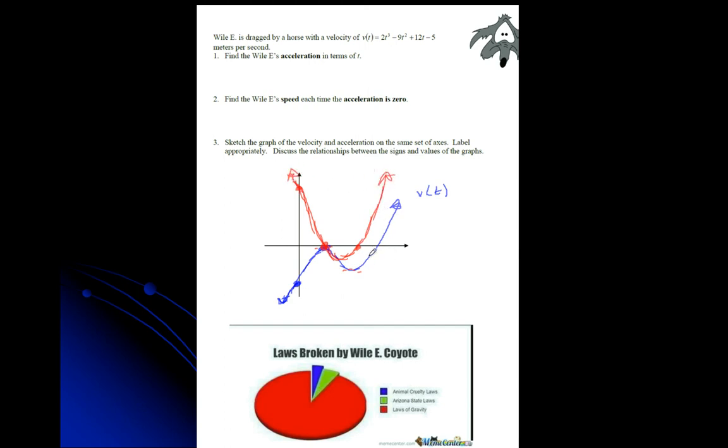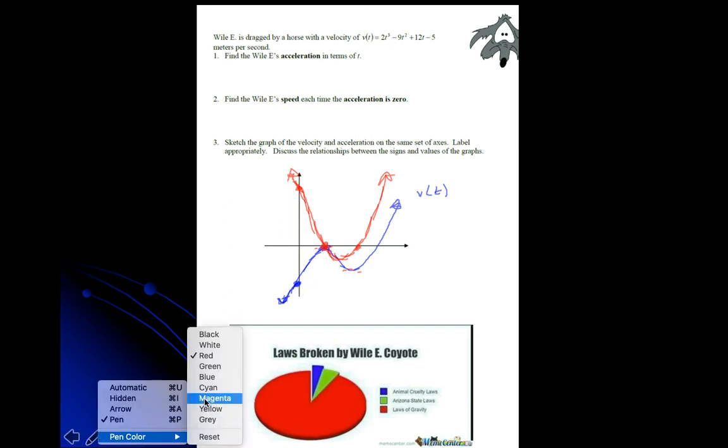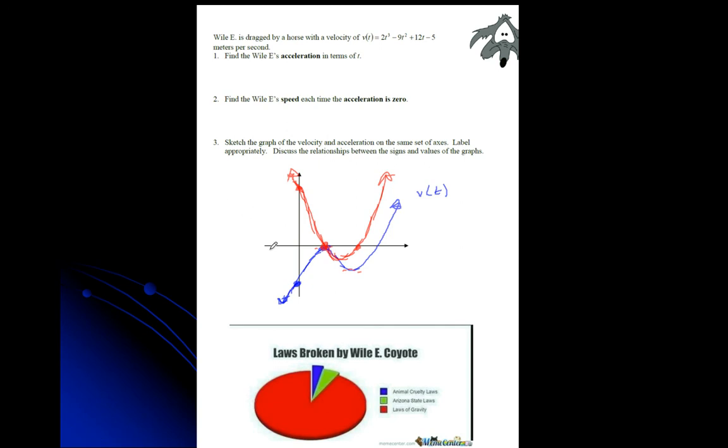They're just looking to see the matching behavior. Original graph is going up, derivative graph is above the x-axis. Increasing goes above the x-axis. Decreasing goes below the x-axis.